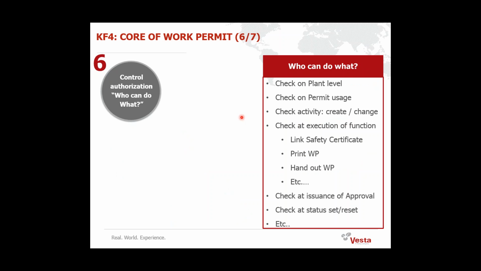There's a check at the execution of the function, so what type of function do you want to do within your work permit, so someone can be allowed to print a work permit or not. There's a check at the issuance of approvals that we have seen before, and there are also checks at the setting of specific statuses within the process, or removing those statuses.